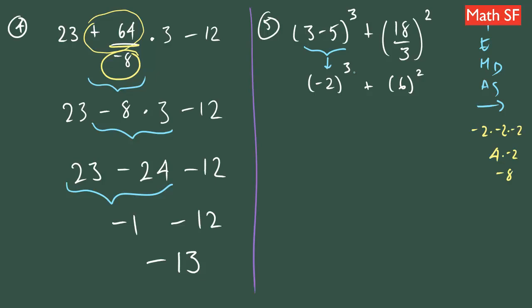Therefore, all of this here should be a negative 8 plus 6 squared. 6 times 6 is 36. Now you have a negative 8 plus 36. That should give you 28. Yes, 28 as the final answer.